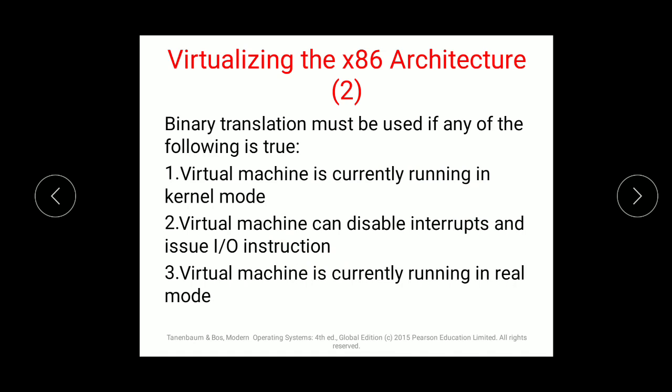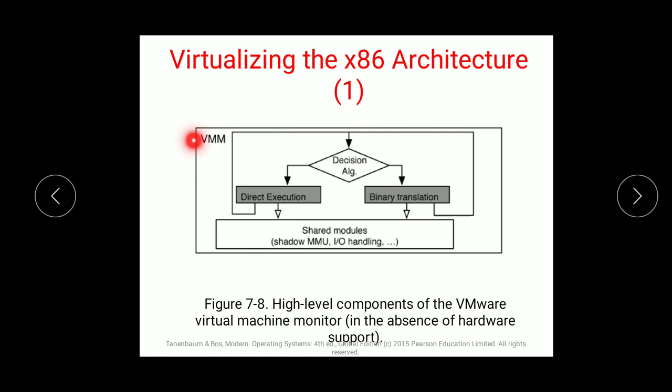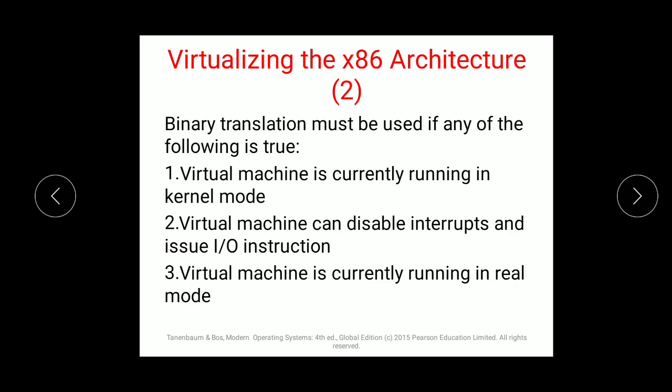First is the virtual machine is currently running in kernel mode. If my virtual machine is running in kernel mode, I can use binary translation. That is the first criterion. Second criterion is the virtual machine can disable interrupts and issue IO instructions. So if my virtual machine has interrupts disabled and issues IO instructions, that is input output instructions, at that time we can do binary translation. And third, the virtual machine is currently running in real mode.